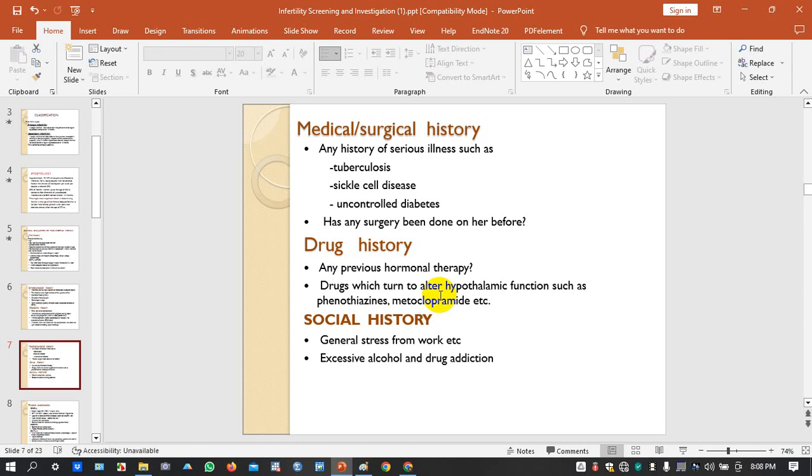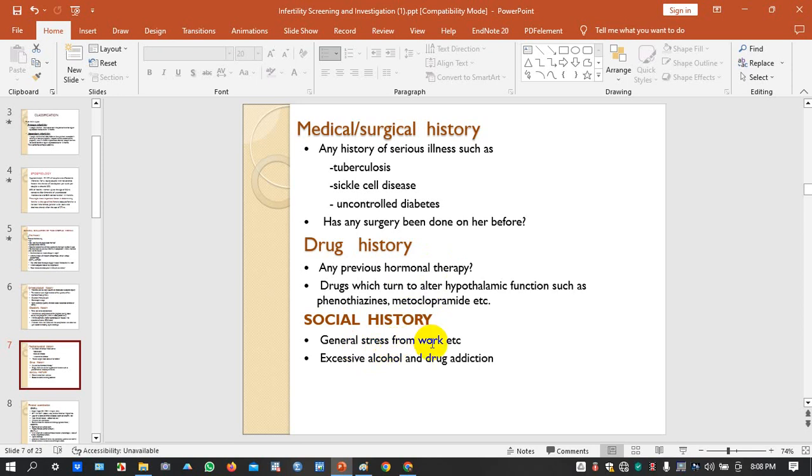So you should know that if you are taking these drugs, you are at an increased likelihood of being infertile.